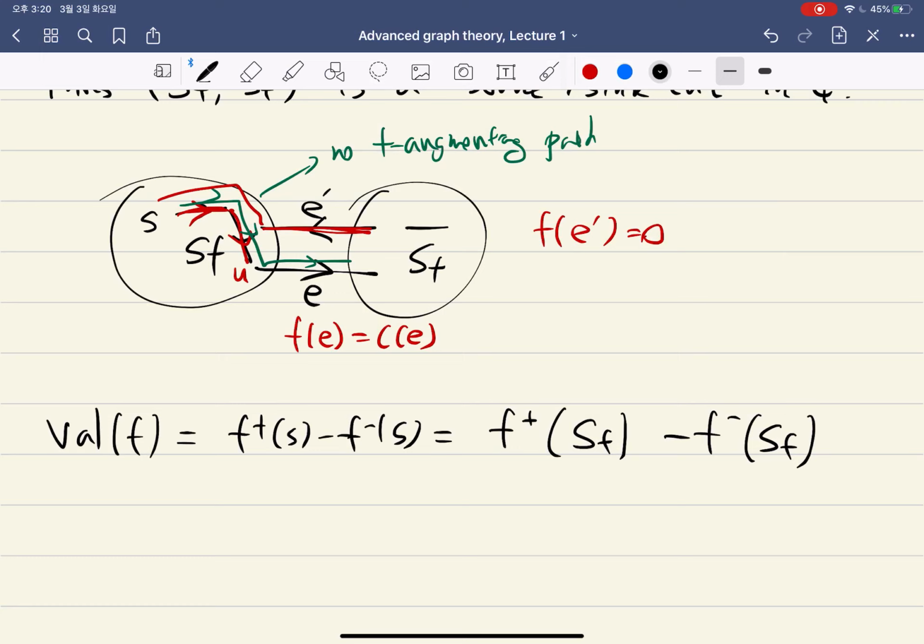So this is the value of flow, because in this summation, every edge inside of S is added once in this term and once in the other term, so they cancel out. And so we can show that these two are the same.